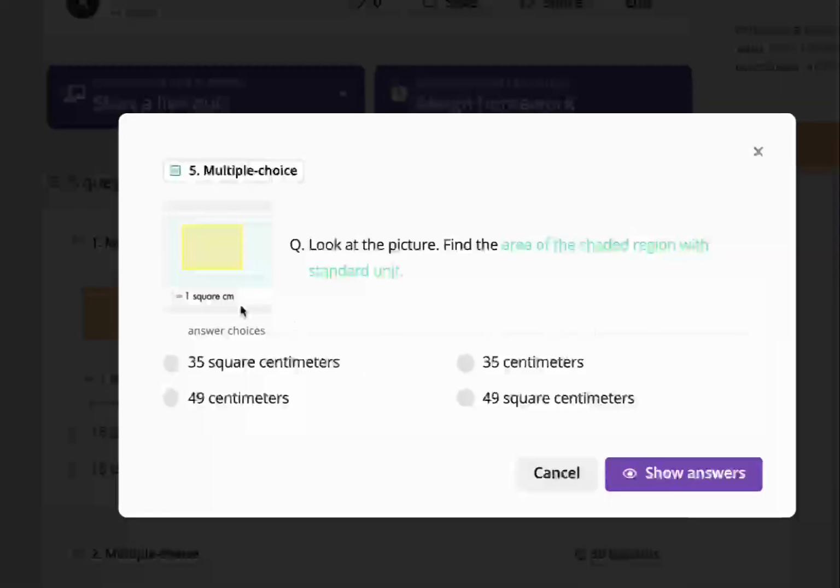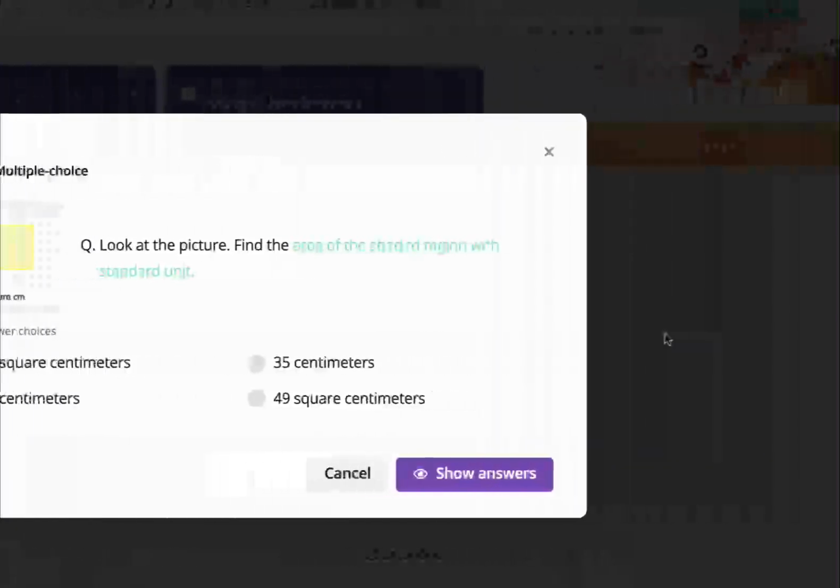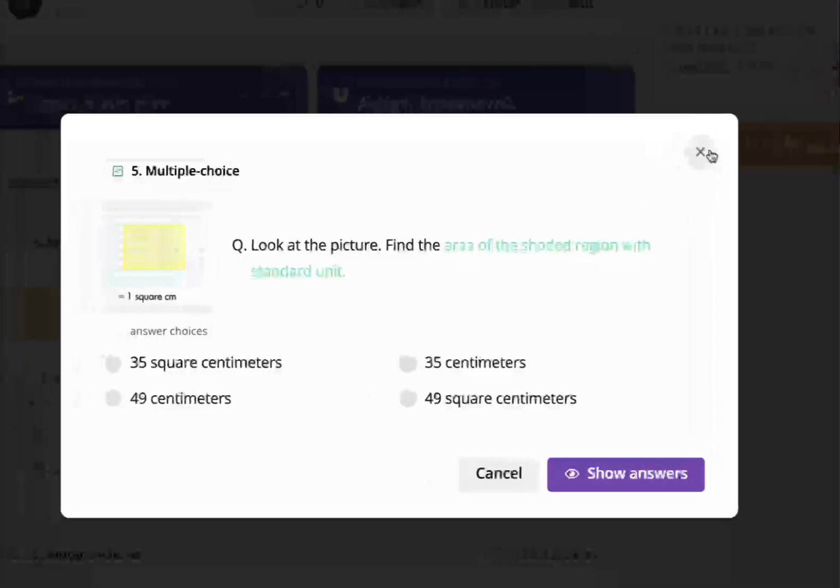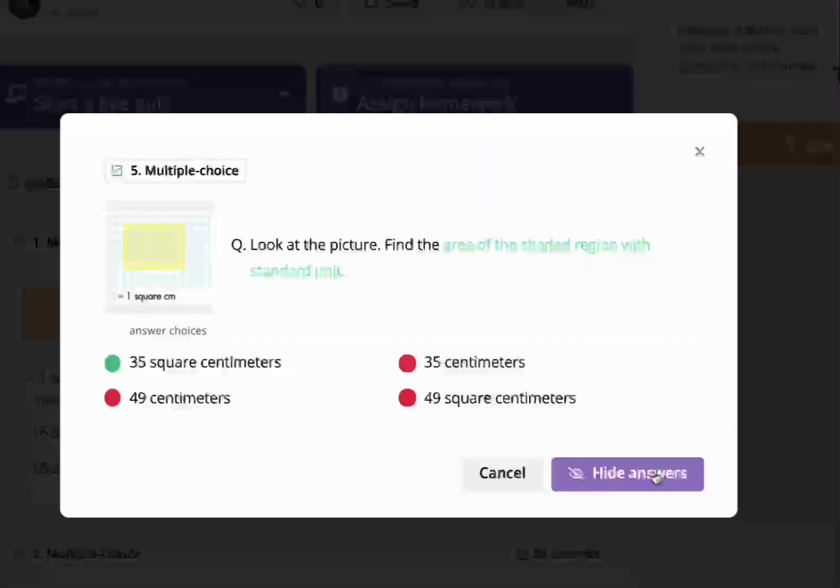Okay, and this one also? 35, okay. 35 square meters. No, why meters? Centimeters. Yes, 35 square centimeters. Okay. So this was the last question. 35 square centimeters. We solved it already.